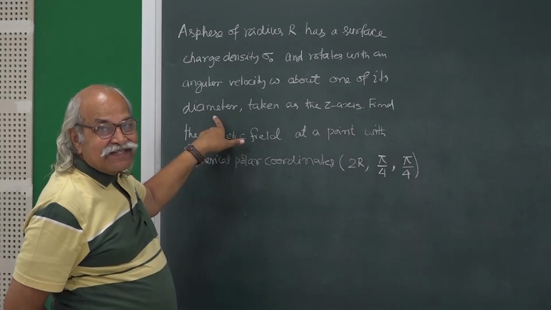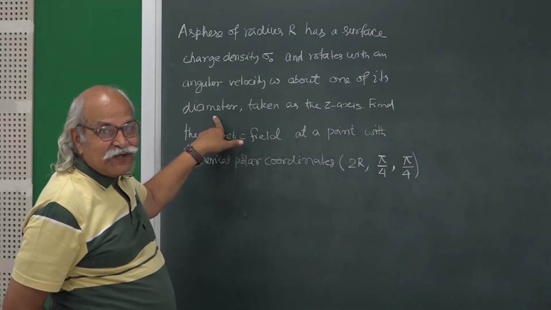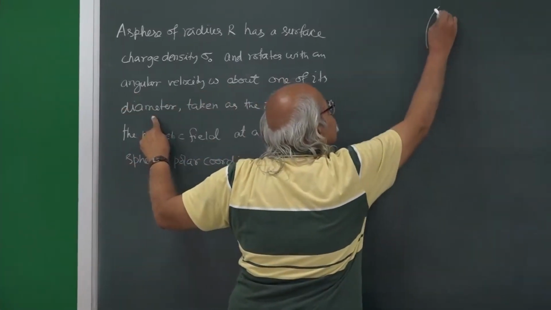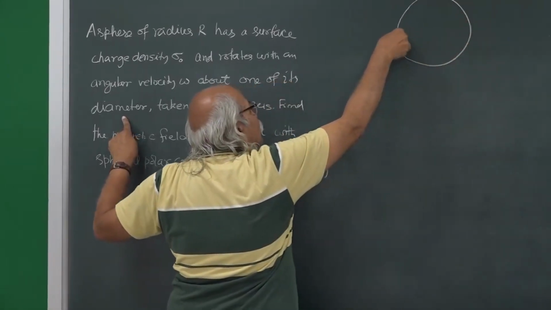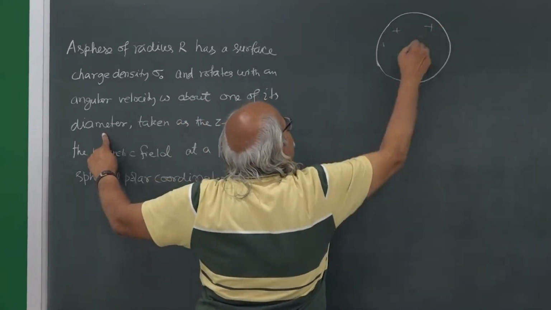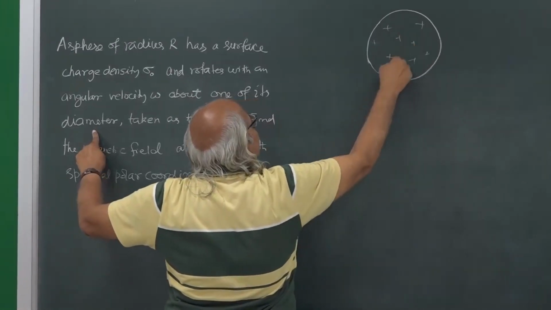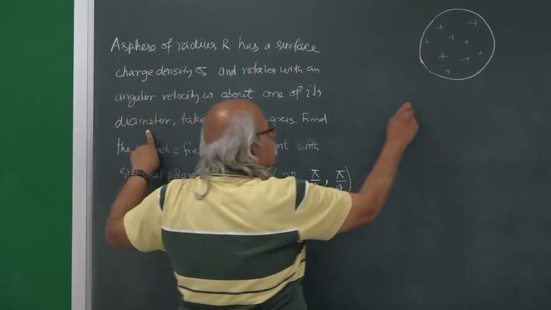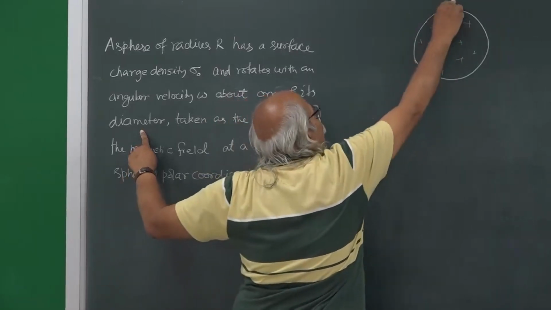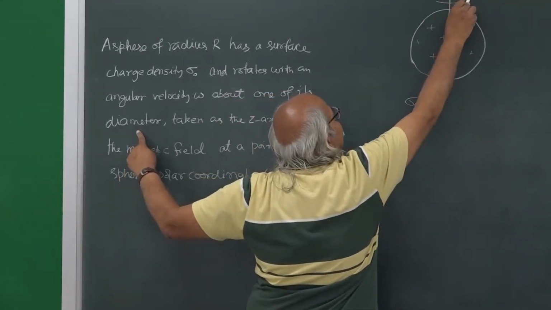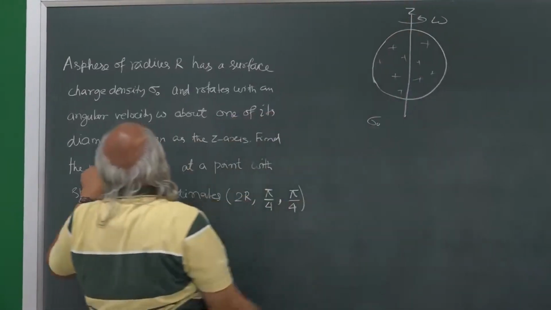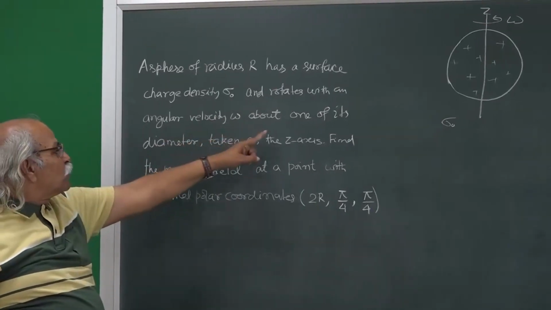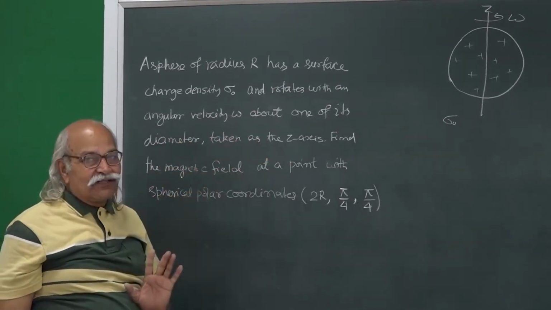We have discussed this situation in one of our lectures: you have a sphere, and on the surface you have a constant charge distribution, with surface charge density sigma naught, and it rotates about a diameter, which is taken as the z axis.